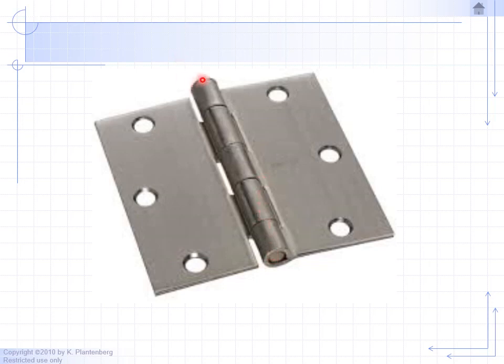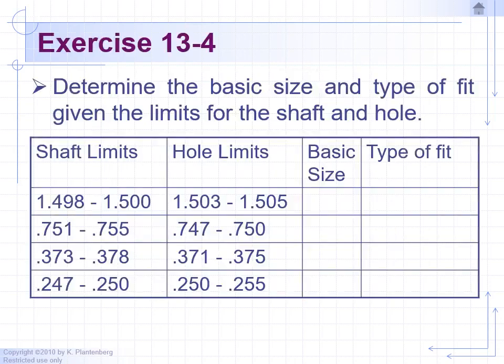You don't want the pin to slip out, or you don't want the door where this hinge is attached to be wiggling because the pin is slightly smaller than the hole. We want the opposite. We want the pin to just be a little bit larger than the hole. So we have to force the pin into the holes by friction. In other words, there's no clearance, there's interference.